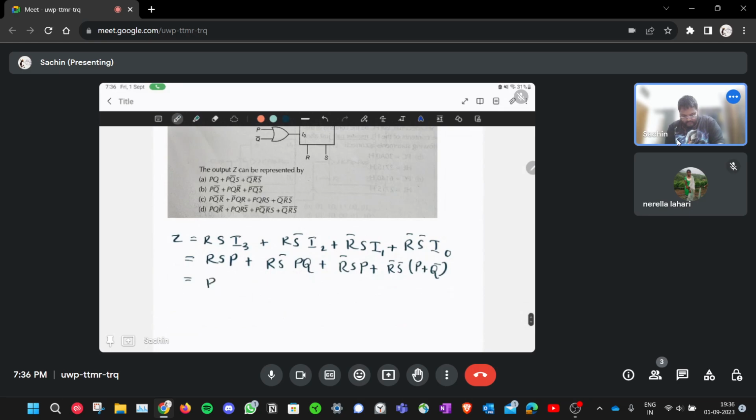This is RSP plus RS bar PQ plus R bar SP plus R bar S bar P plus R bar S bar Q bar. Which of these is the correct answer?